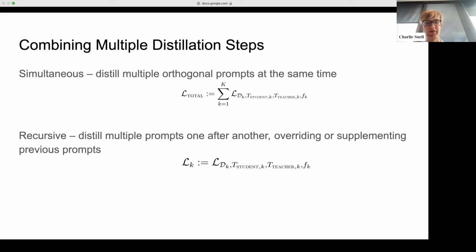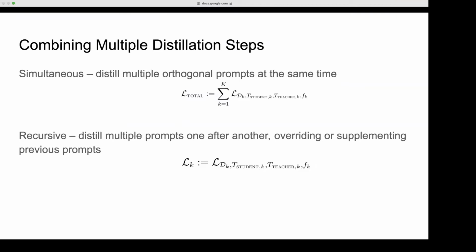So you're going to have a new prompt with the new fact and override the previous knowledge. So recursive distillation is this process of overriding or distilling a new prompt that overrides previous information. You can do this by chaining distillation. Once you've distilled it into a student model, you take that student model and use it as the new teacher, given a new prompt, and distill it into a new student that has the updated knowledge.